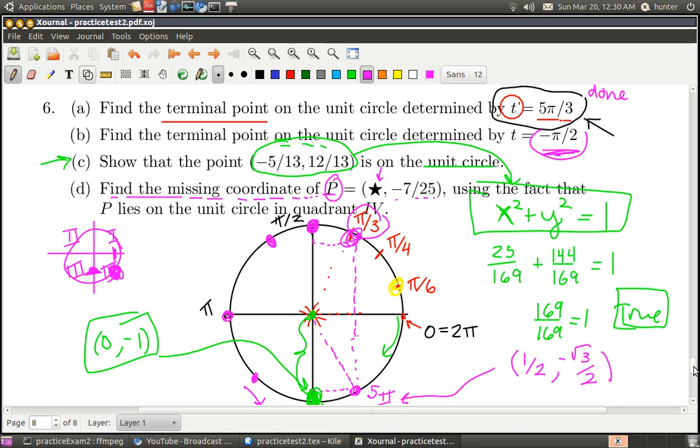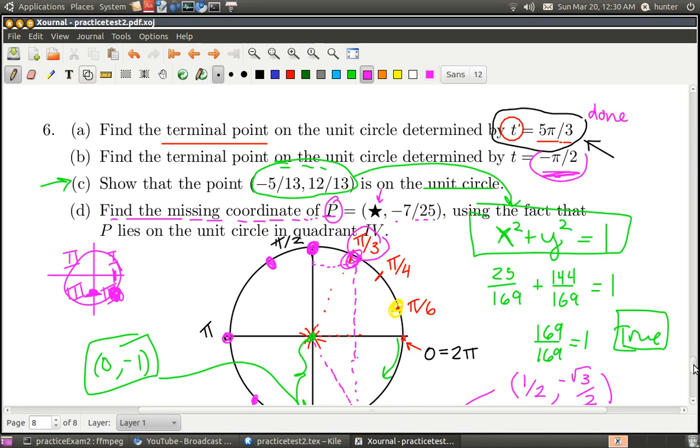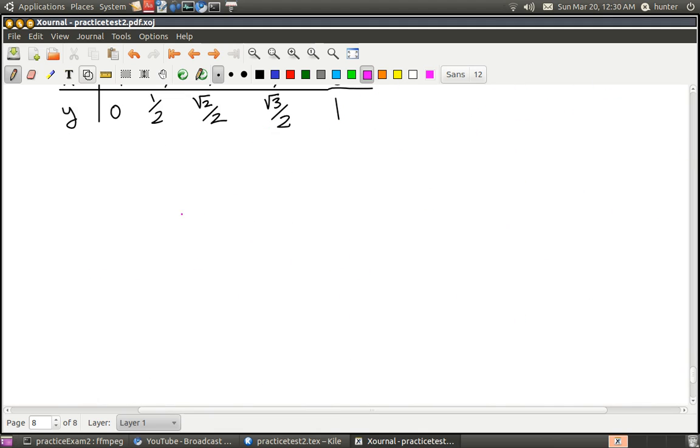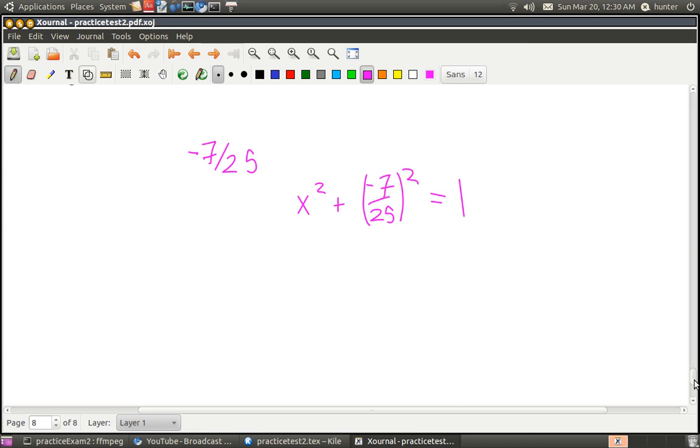Alright, so let's set everything up. That number is -7 over 25. So the question we're asking ourselves is x squared plus (-7 over 25) squared is equal to 1, and the question is what x makes that true. That just amounts to doing some pretty easy algebra.